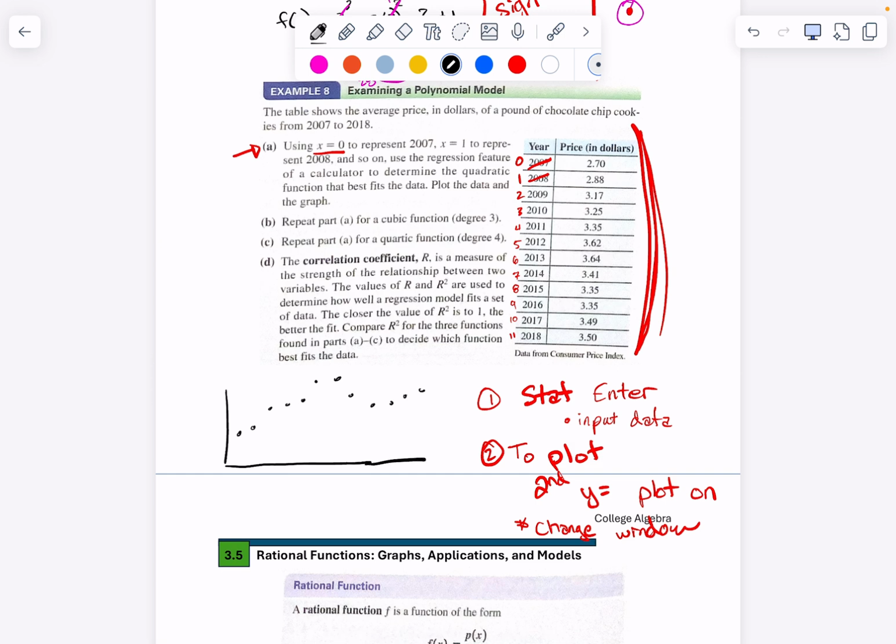So we don't know what parent function he is. Maybe we do a cubic function that does one of those, or we could do a quartic function. So here are our options.